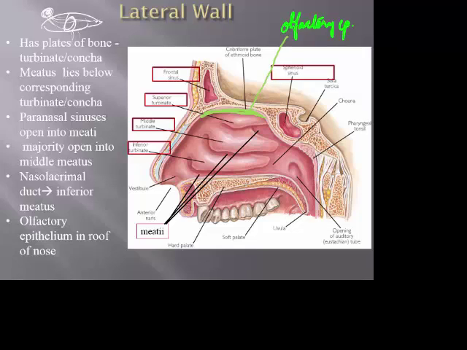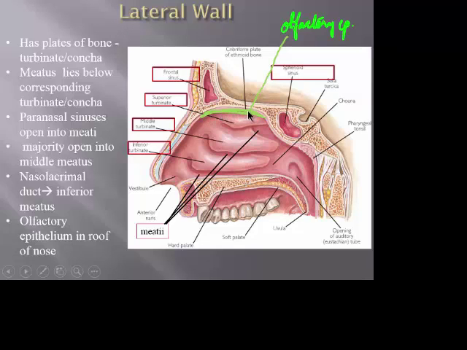So up here on the medial end, you have a little duct called the nasolacrimal duct. This nasolacrimal duct drains into the inferior meatus of the nasal cavity, which is why when you cry a lot, when you produce a lot of lacrimal fluid, your nose gets stuffy, because a lot of it goes into the nasal cavity.